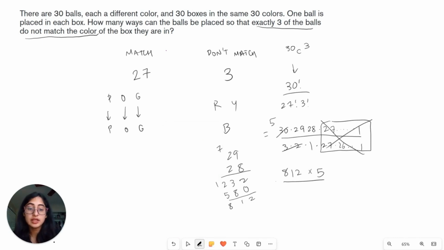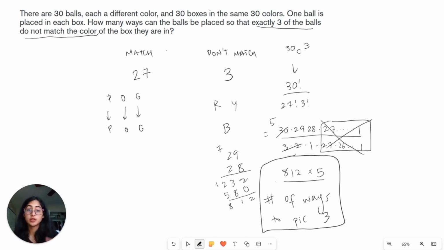So this right here is the number of ways to pick 3. And now we've got to figure out, once we pick those 3, how many ways there are to rearrange those 3. Let's say we picked red, yellow, and blue, and this is going to be our red box, this is going to be our yellow box, and this is going to be our blue box.